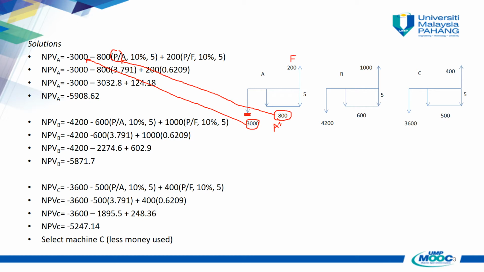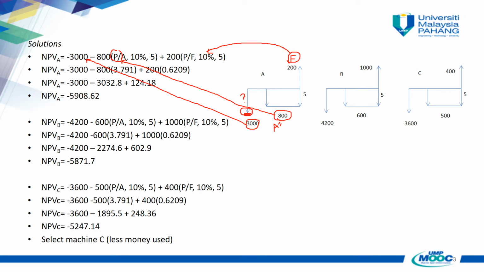So in our equation we need to convert it, finding P when we know the F. So this 200 needs to be multiplied by finding P when we know the F. What is the F value? F value is 200.